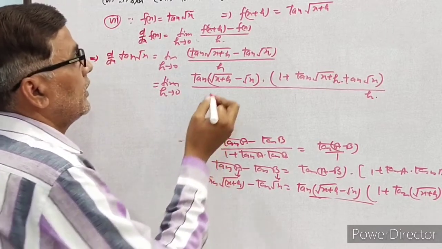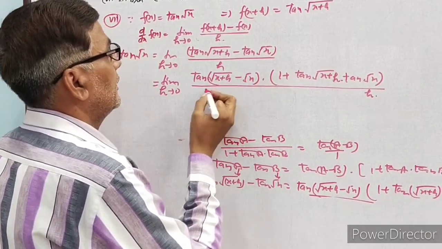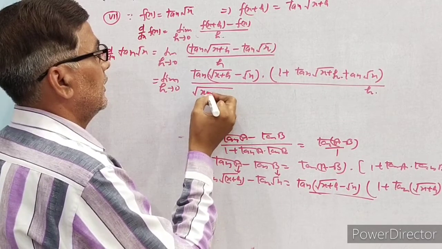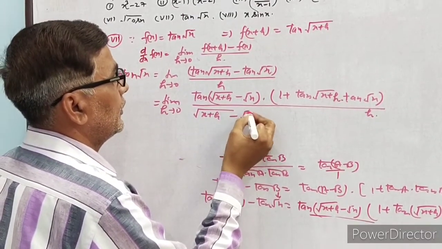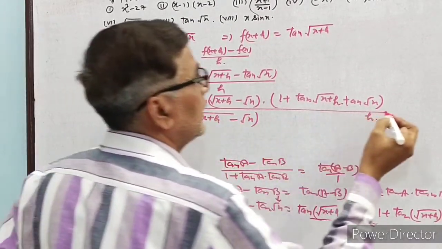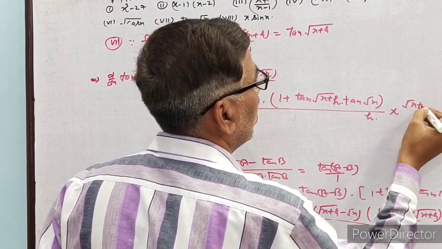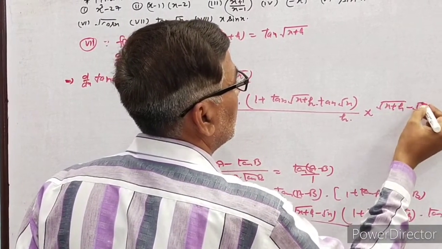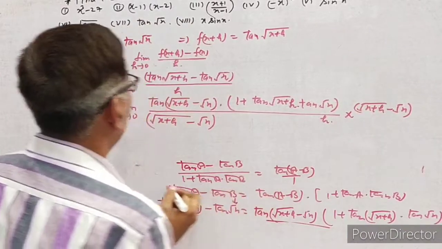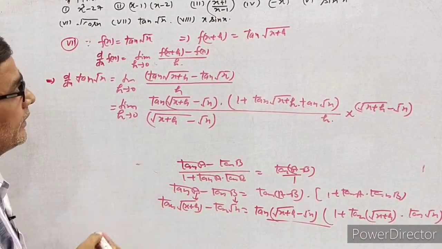Now we can multiply and divide by root of (x plus h) minus root of x. Why have we multiplied and divided by this term?